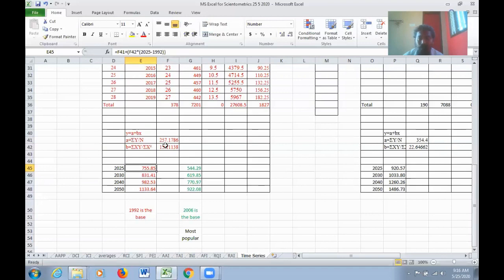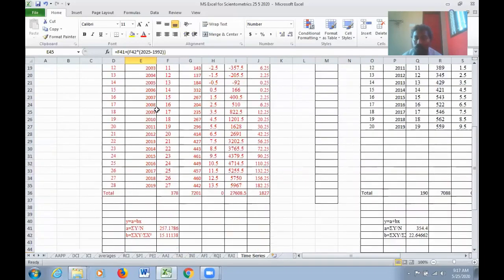What is A? 257.1786, F41. Plus the B value, F42, 15.11138. So F41 plus F42 into, when you are calculating this year, I give you two different methods of doing it. The first method says that the future year for which you want to calculate the research output minus the first year, which is 1992.